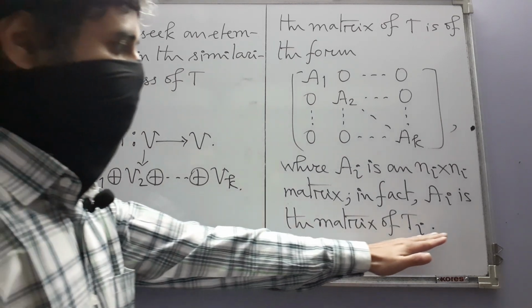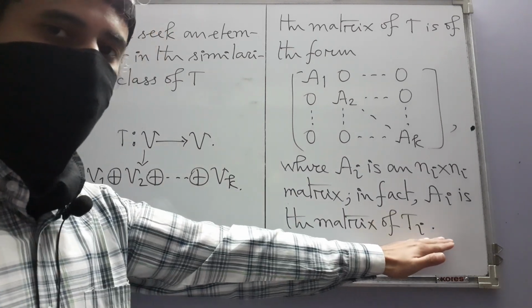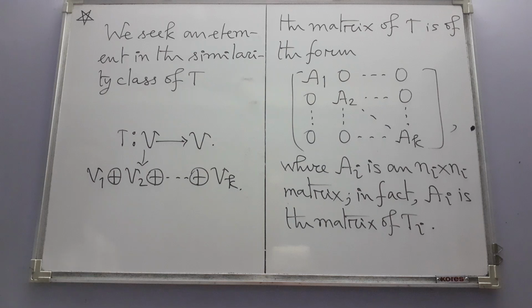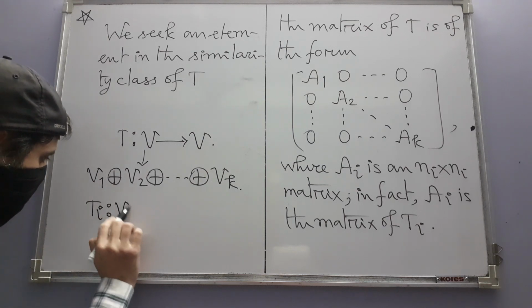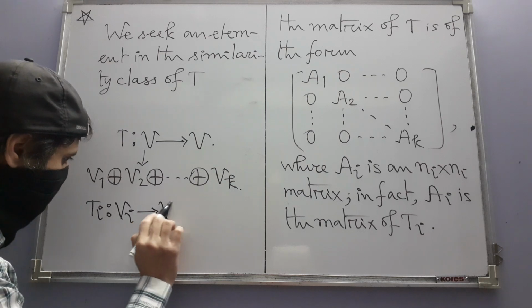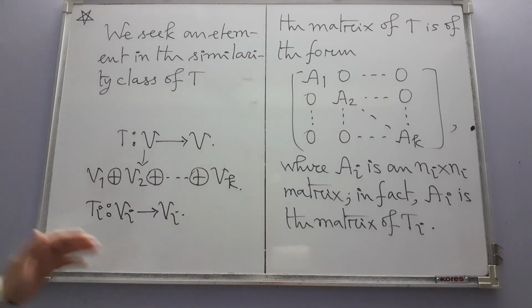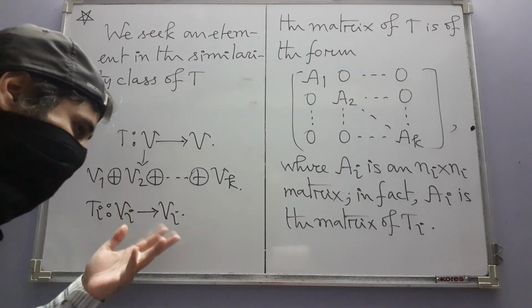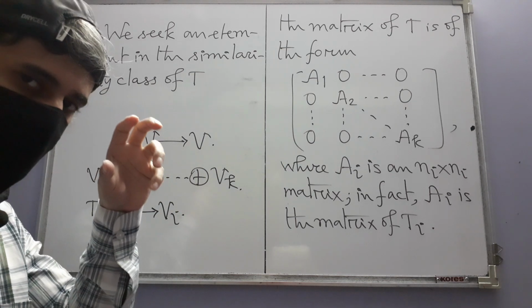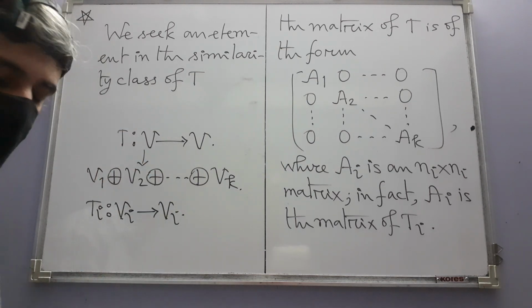Now, say you have done the job for each Ti. What is Ti? Ti is something like this. And on Vi, T is actually just Ti. If you restrict T on Vi, that is what Ti is.